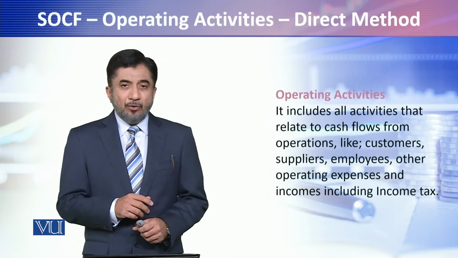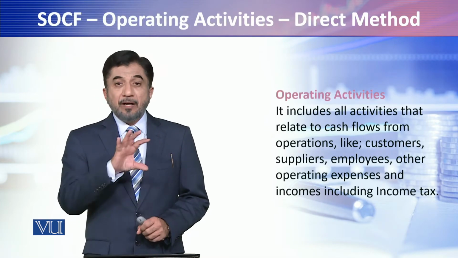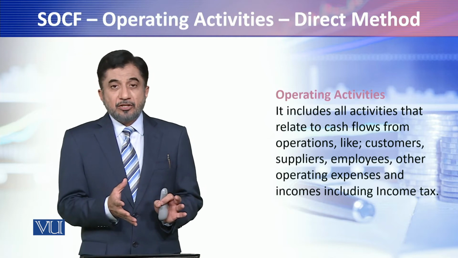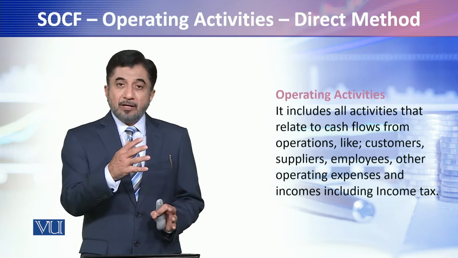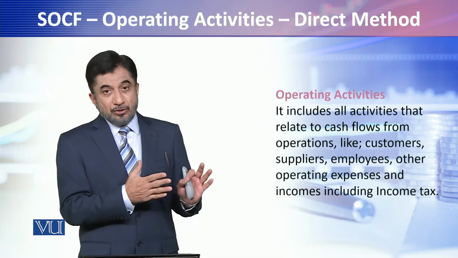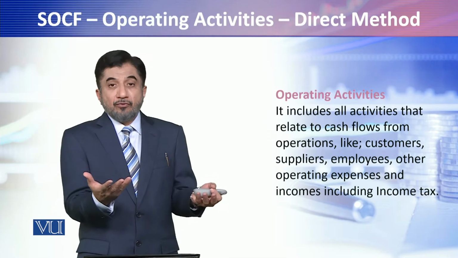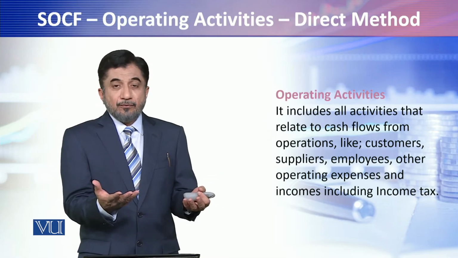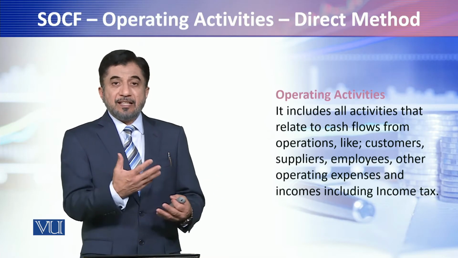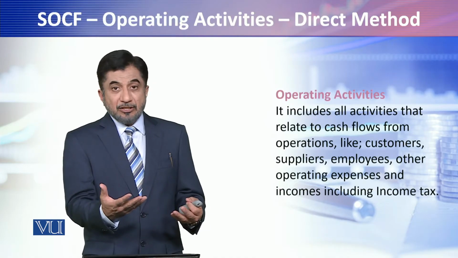We know very well that operating activity generally covers cash flow from customers, cash paid to the suppliers, cash paid to and on behalf of employees, and other operation related expenses, whatever we pay in cash.